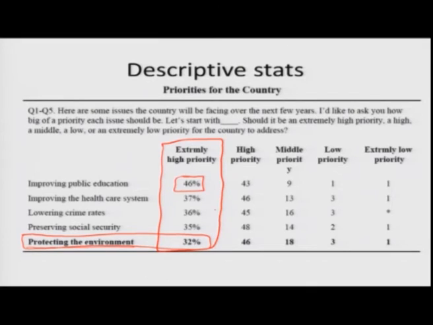Now, this is more detailed stats here. So, this gives percentage. So, say 46% of people said improving public education is an issue of extremely high priority. Now, this gives the breakup.